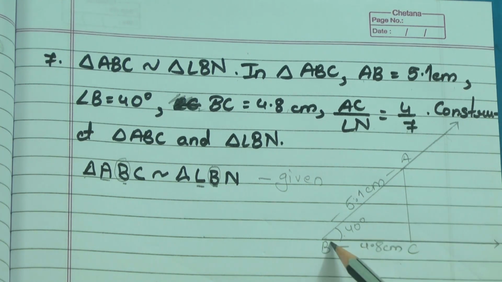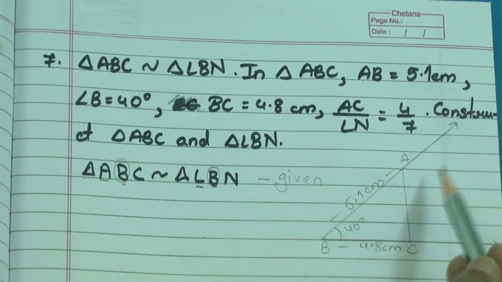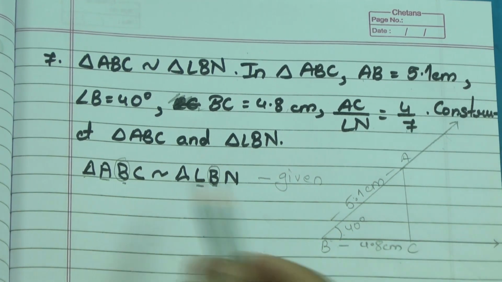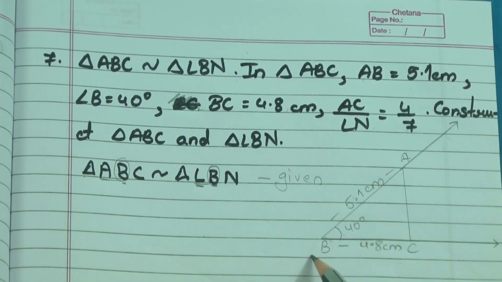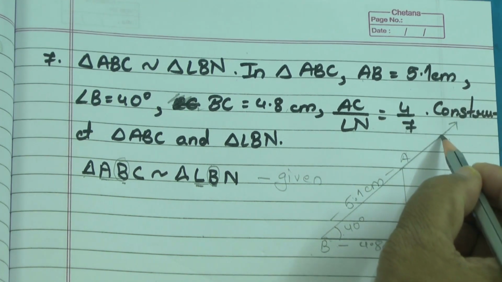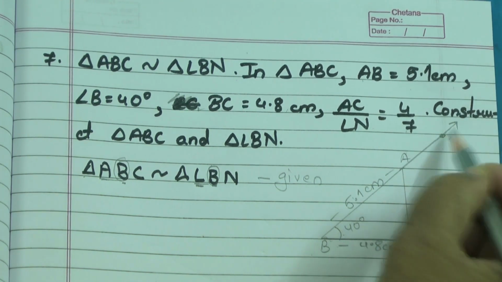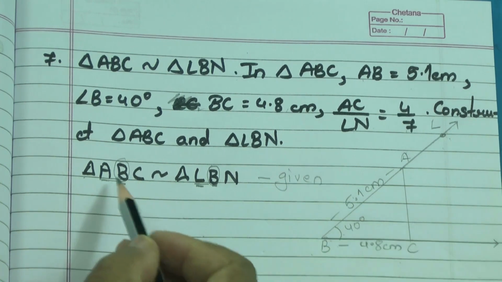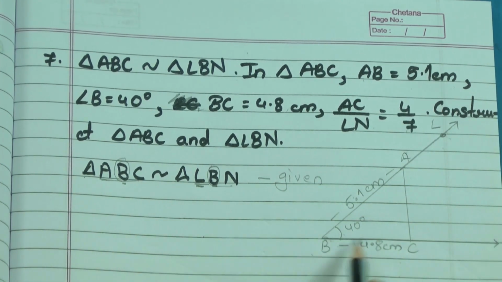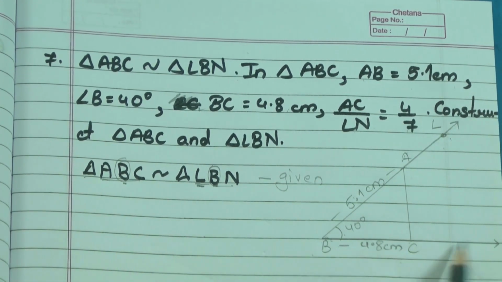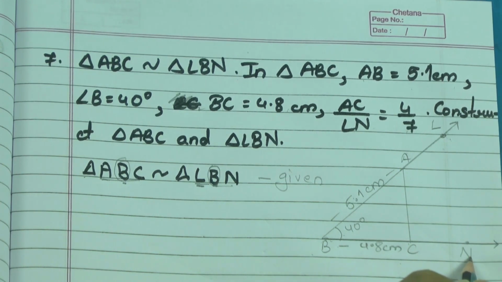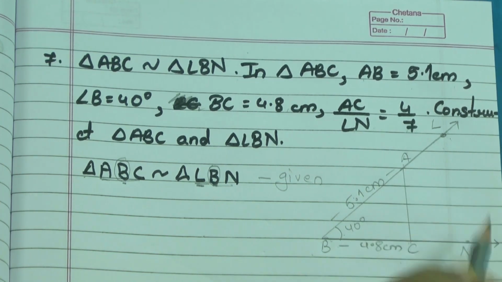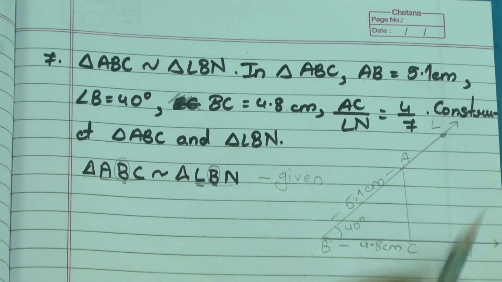B is already there. L we have to draw. AB corresponds to LB. That means L will be somewhere here. BC corresponds to BN. That means N will be somewhere here. And automatically AC corresponds to LN.